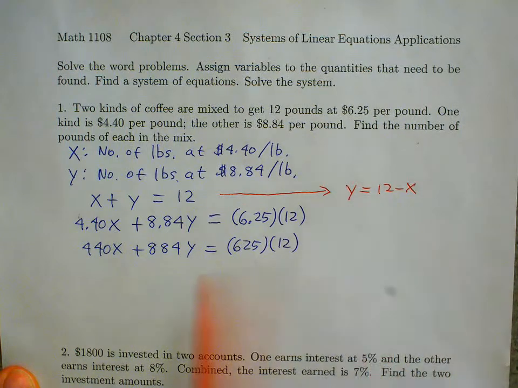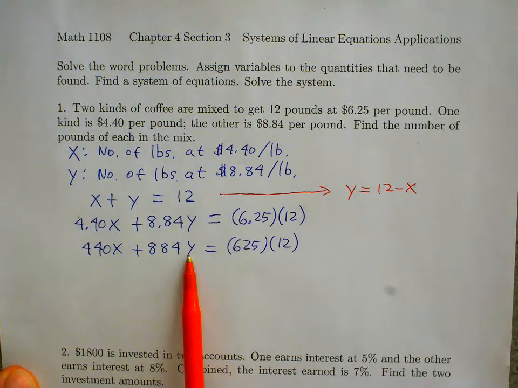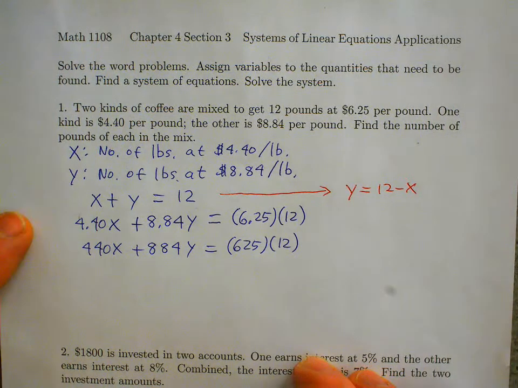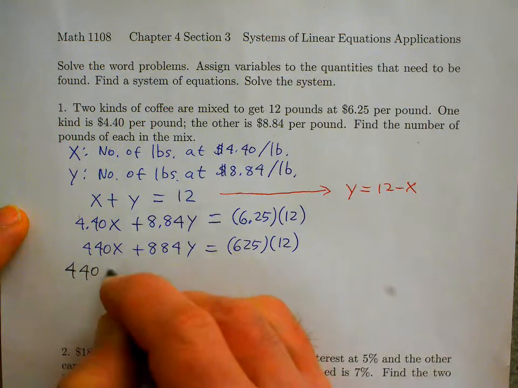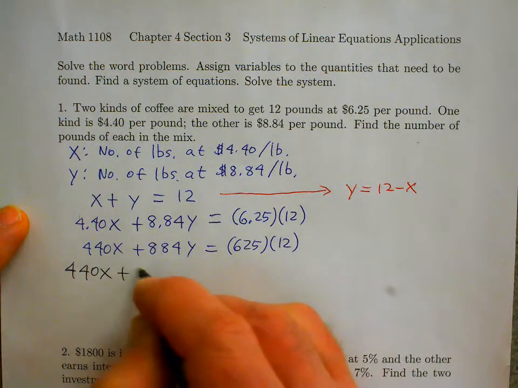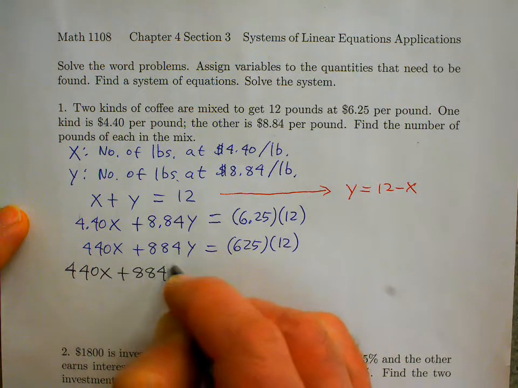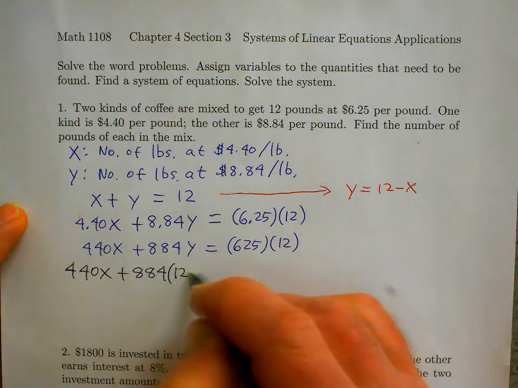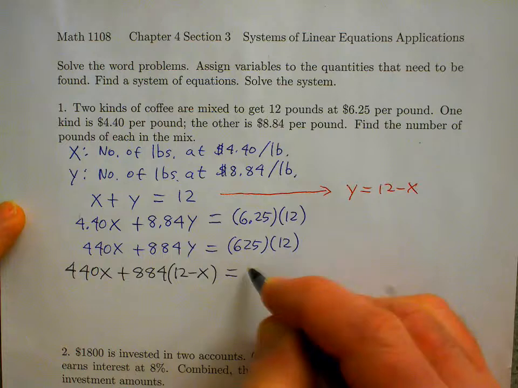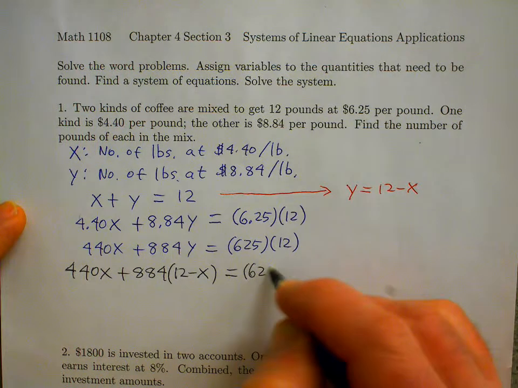Then in this equation, I'm going to replace y with 12 minus x, and I'll get 440x plus 884 times the quantity 12 minus x equals 625 times 12.